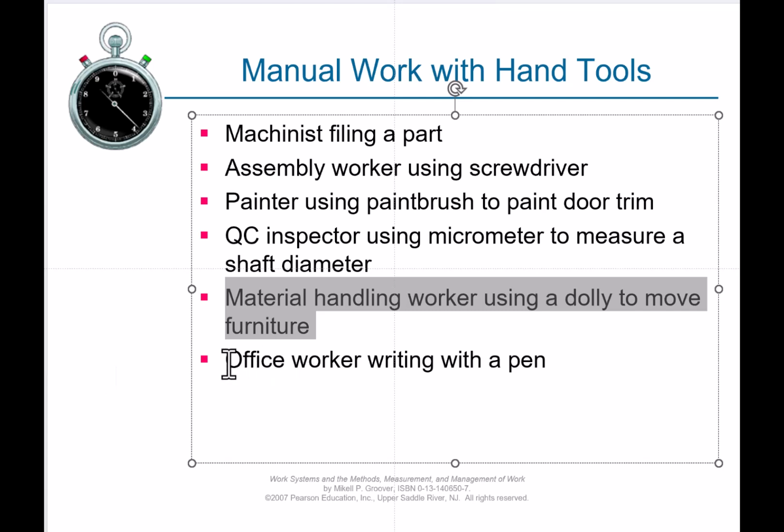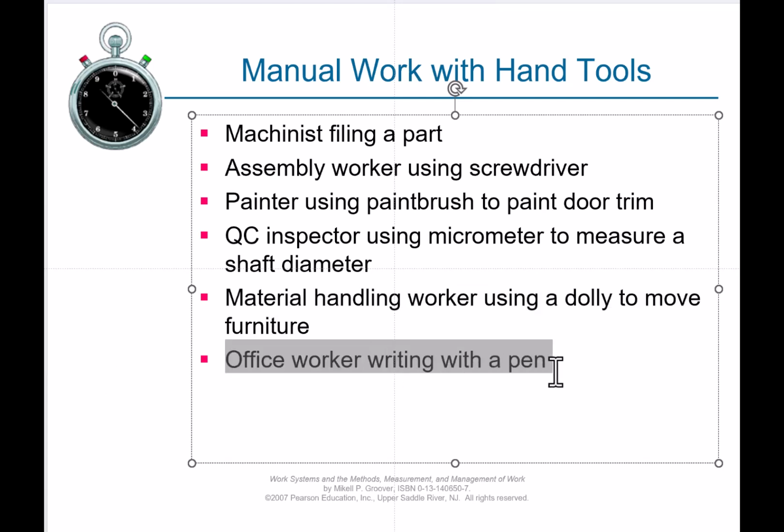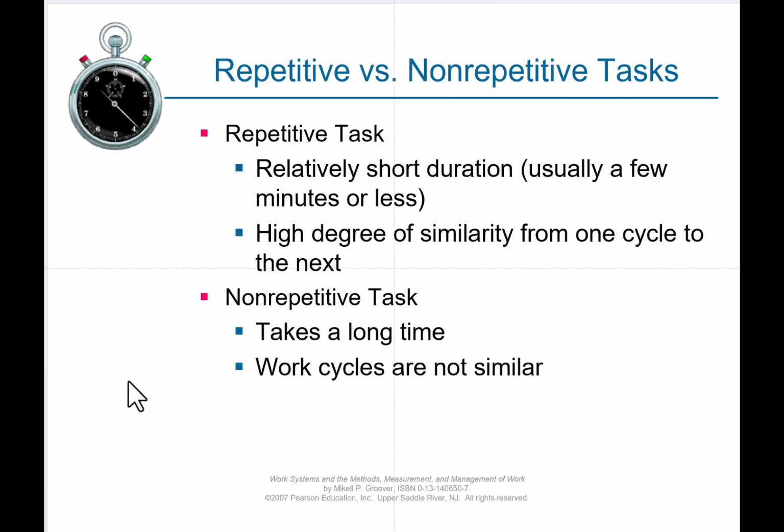In this case, you also want to see, hey, there's a worker writing on a piece of paper utilizing a pen as a tool, but in reality, maybe you don't need this worker to start writing with a pen. So those are the observations that you may need to have when conducting work improvements.